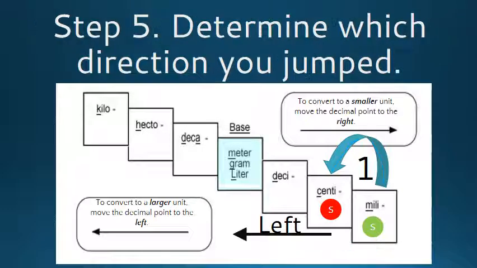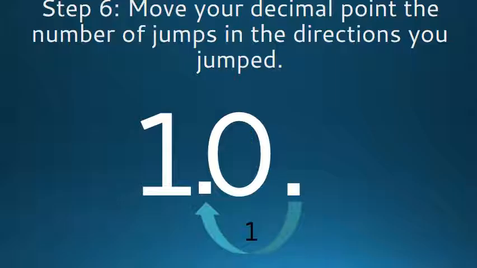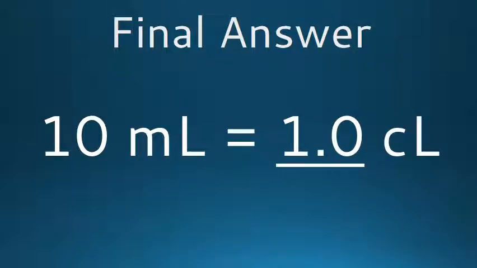So that means we're going to move our decimal one position, it was 10 before, and we're going to convert it over to here. That makes it a 1. So our final answer is 10 milliliters is equal to 1 centiliter. So it's the same amount. The amounts aren't changing. It's just the unit by which we're measuring that changed.